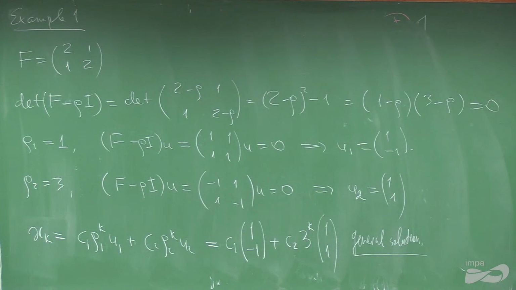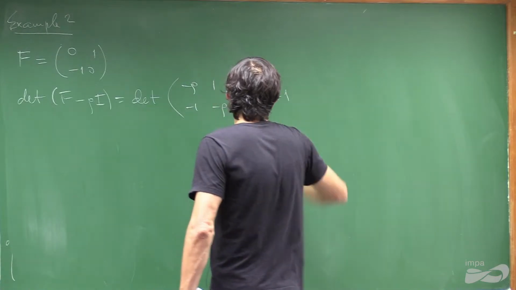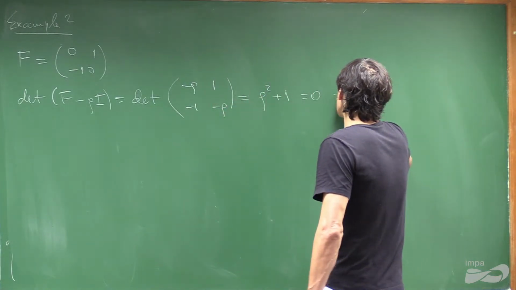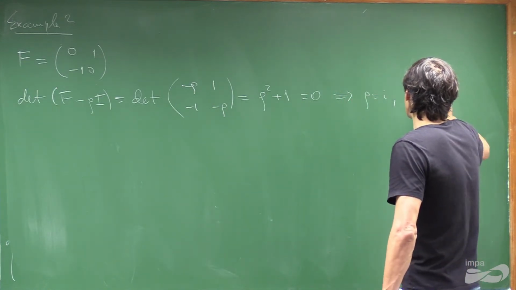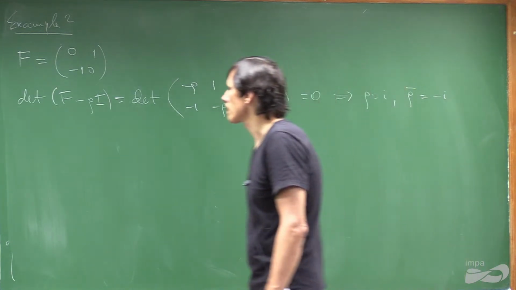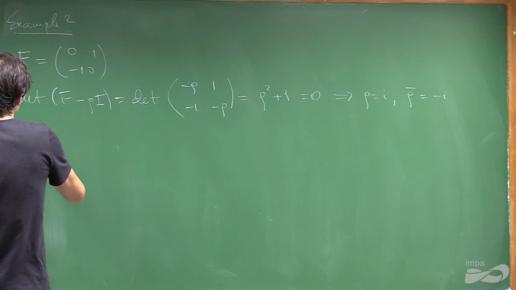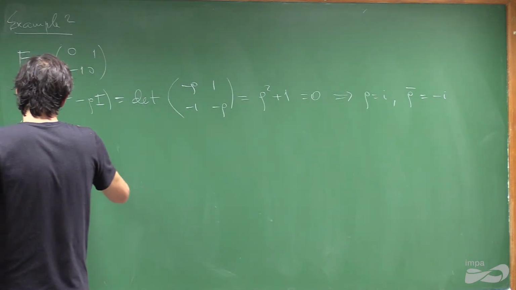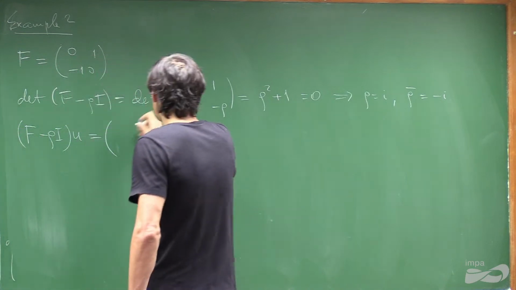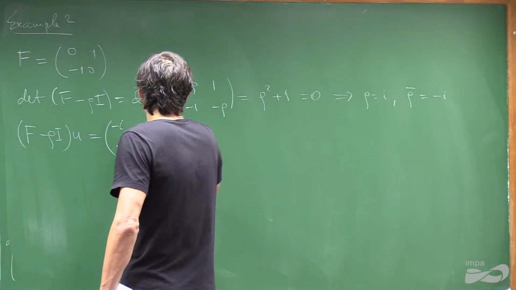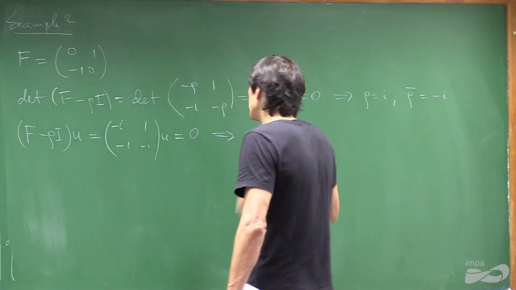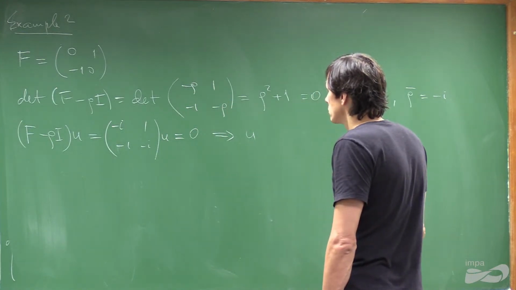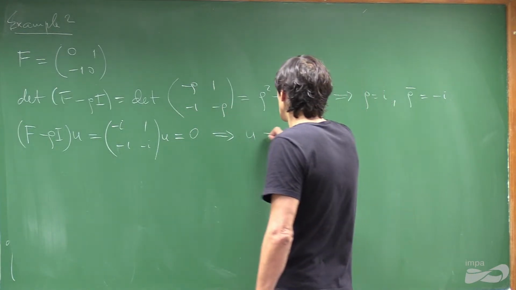It will be minus rho, 1, minus 1, minus rho. Rho squared plus 1 equals 0. So we have two solutions, rho equal to the imaginary unit and another, complex conjugated, minus i. Then we find the eigenvector. So we have to subtract the imaginary unit. This gives you the eigenvector, which is 1, i.